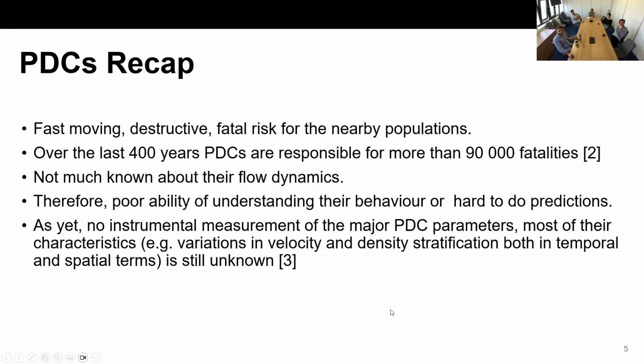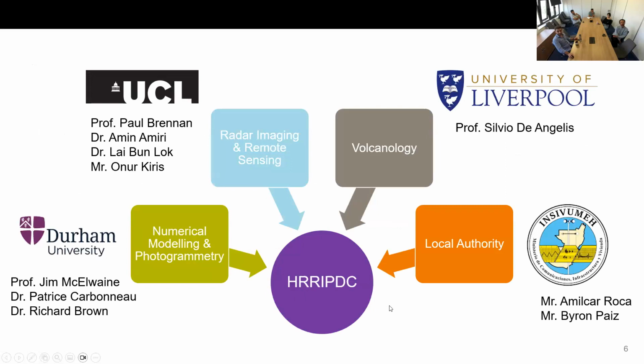So it is an interdisciplinary research, and that's why for this project we have a collaboration with University of Zahan. They do numerical modeling and photogrammetry of the data that the radar people from UCL provide with our custom-built system.